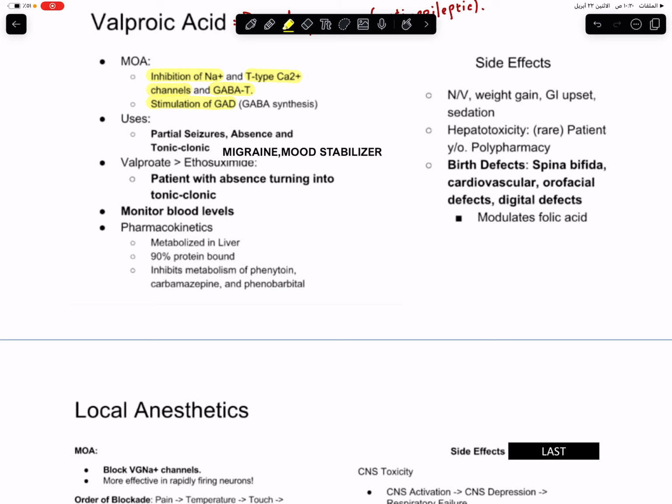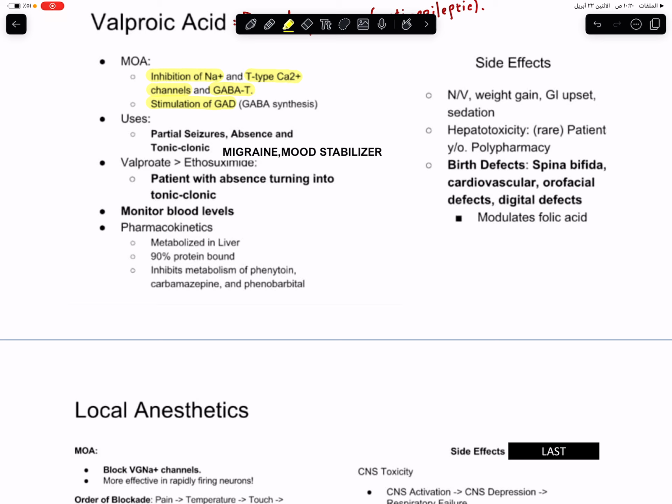So here it will also increase the GABA. So by four mechanisms, it will help the epileptic patient to reduce the seizures. Now, where do we use?